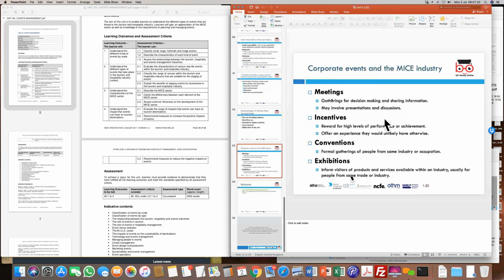This is something we will cover in the next learning outcome, learning outcome 3, and we're going to be talking about MICE in a great deal more detail, because the next one is going to be all about meetings and conventions and exhibitions, and why this has become, within events as a vertical, the most important revenue driver within events management.